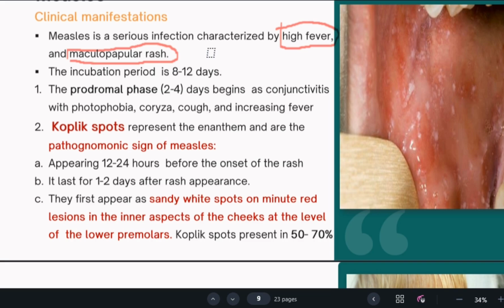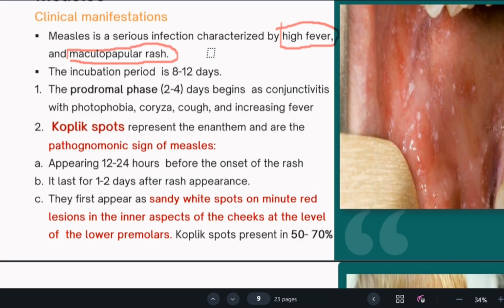To understand the clinical manifestation, we need to know about the pathology. The main pathology in measles infection is that the measles virus causes necrosis of the respiratory tract epithelium with accompanying lymphocytic infiltrate. Second, it produces small vessel vasculitis on the skin and oral mucous membrane.